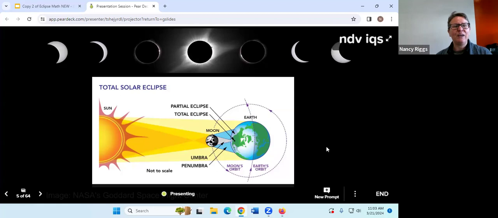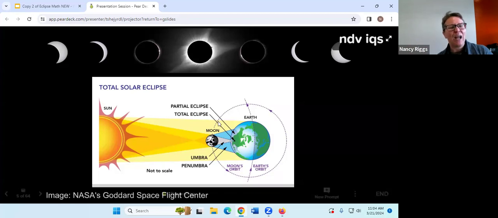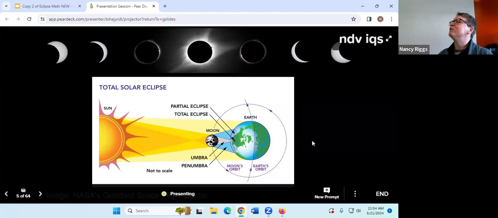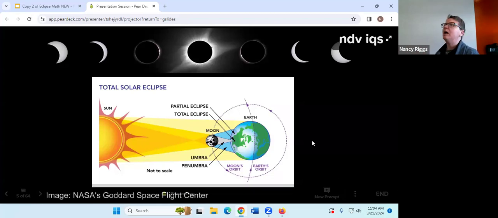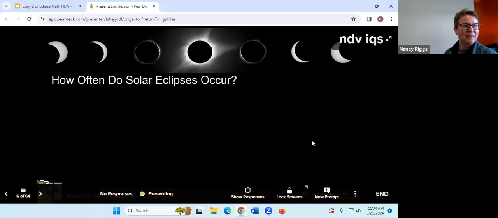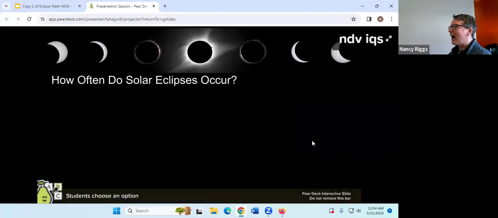So we've got that very small inner shadow, which is the total eclipse. That's what we're going to have here. And then we have the much larger shadow, which is the partial eclipse. Partial eclipses are very common, as we'll see. Total eclipses, far less common.